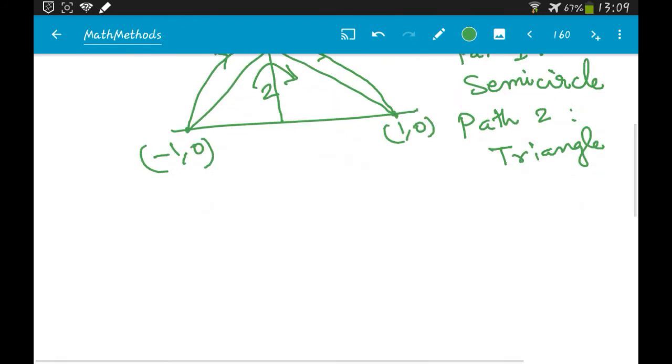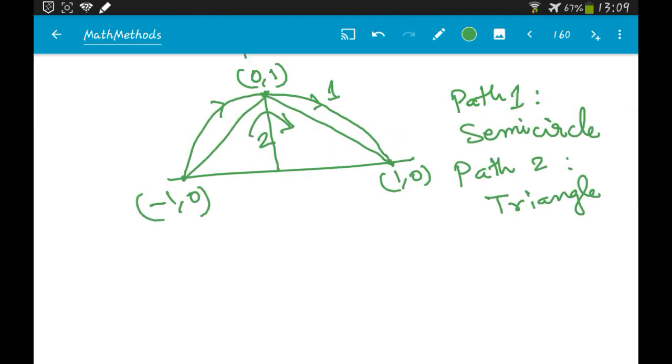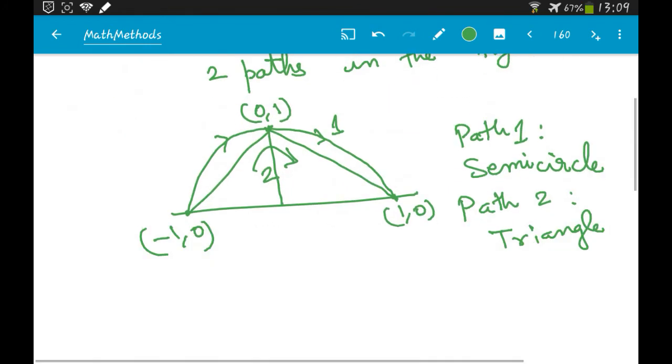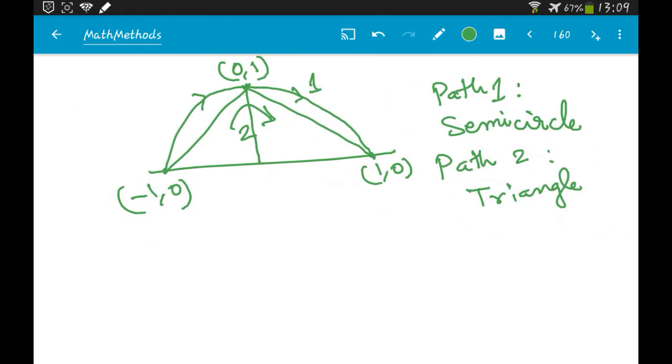Alright. So whenever you see a semicircle kind of a path, and it's only a two variable force field, right, because I is given by this integral. So let's compute what F is.